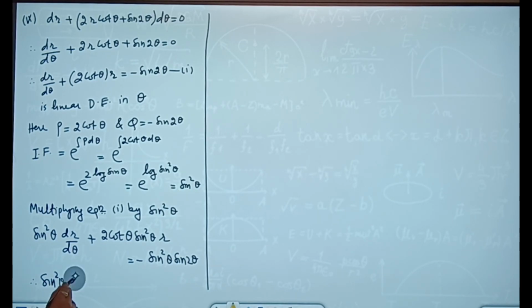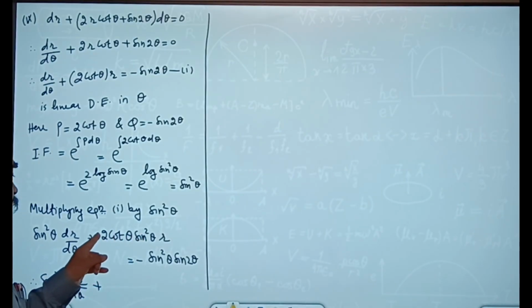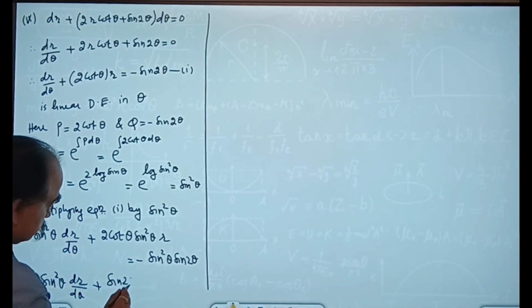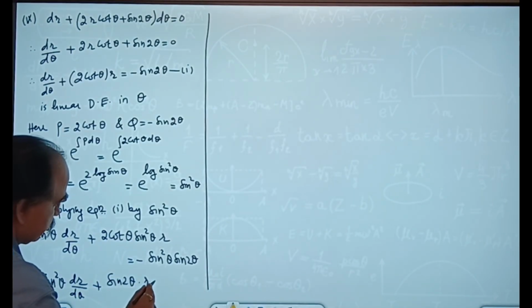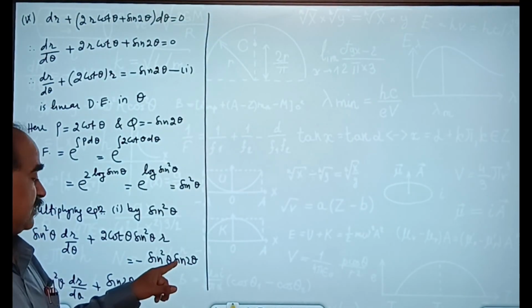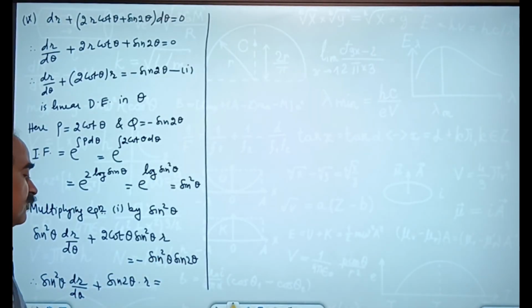Now, cot is cos upon sine, one sine will get cancelled, which will give you 2 cos sine, and 2 cos sine is sine 2 theta. Sine 2 theta is 2 sine theta cos theta, so the right side is minus 2 sine cube theta cos theta.